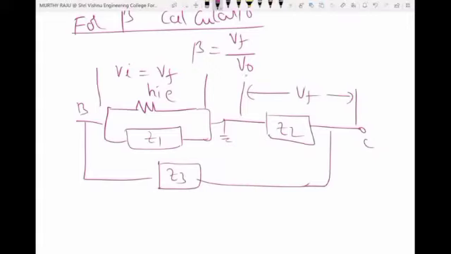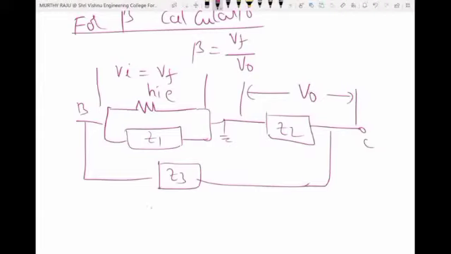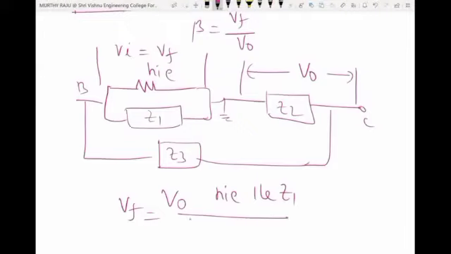This is V0. Beta is equal to Vf by V0. According to the voltage division rule, Vf is equal to the total voltage applied to this tank circuit, V0, into the resistance HIE parallel with Z1 divided by the sum of these two.